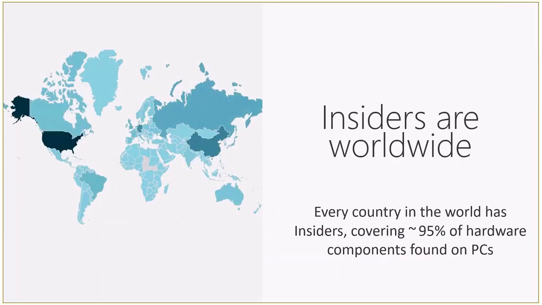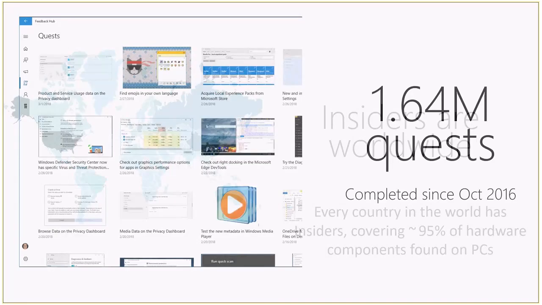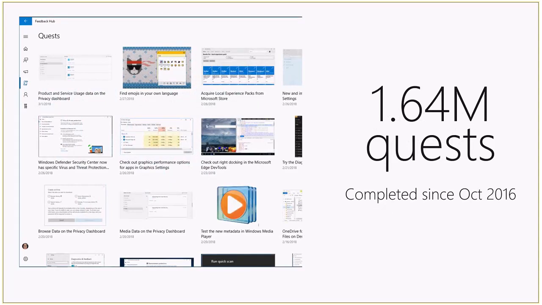The Insiders program is worldwide. It covers 95% of all the hardware that we have out there found on the PC. That's, again, critical to the success of building software at scale. We have this thing called quests. The insiders get these quests, and the quests are all about the experiences we put into the insiders. We ask the people on the insiders to look at these quests.